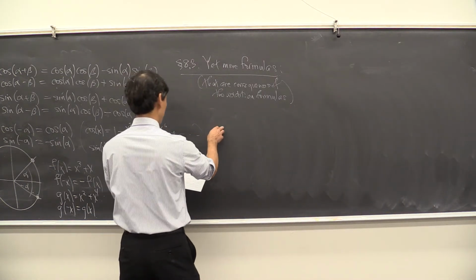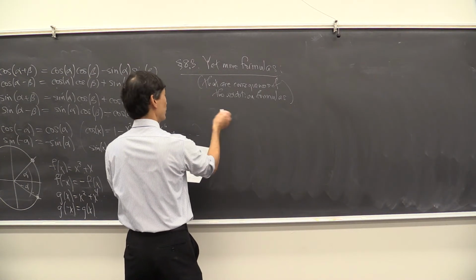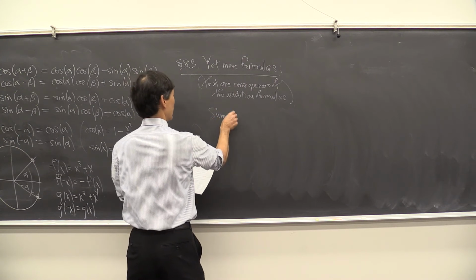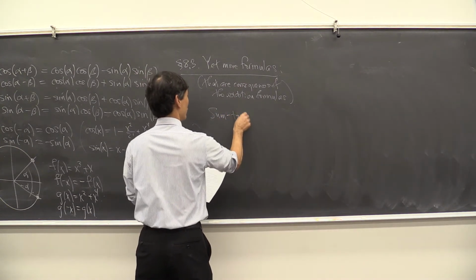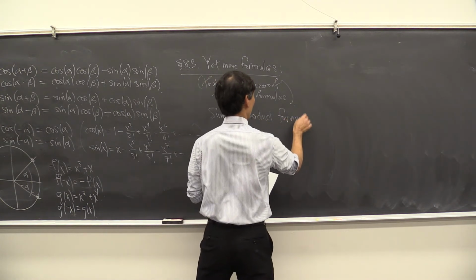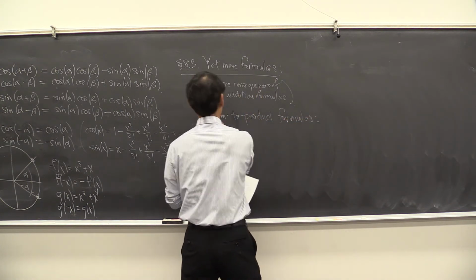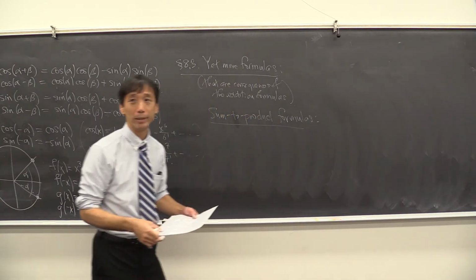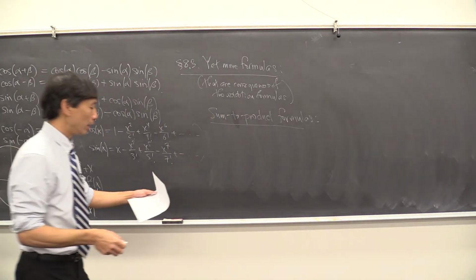Okay, so those are product to sum formulas, and we actually have some opposite formulas going in the opposite direction, sum to product formulas, which are basically gotten in the same way. Okay, so here they are.